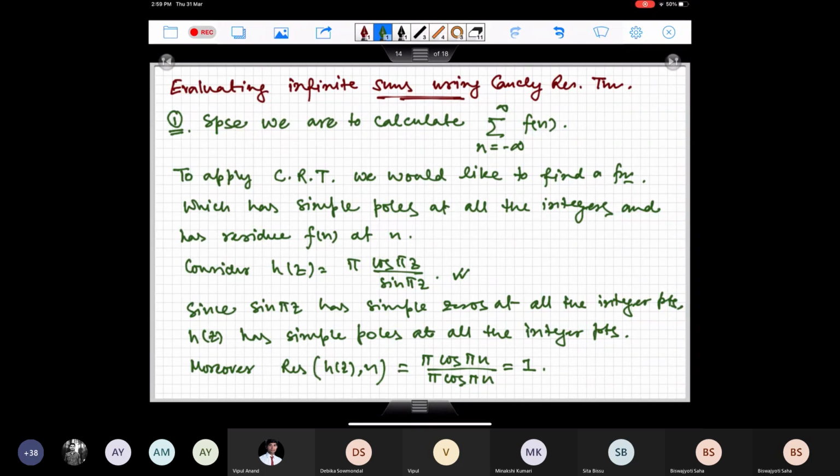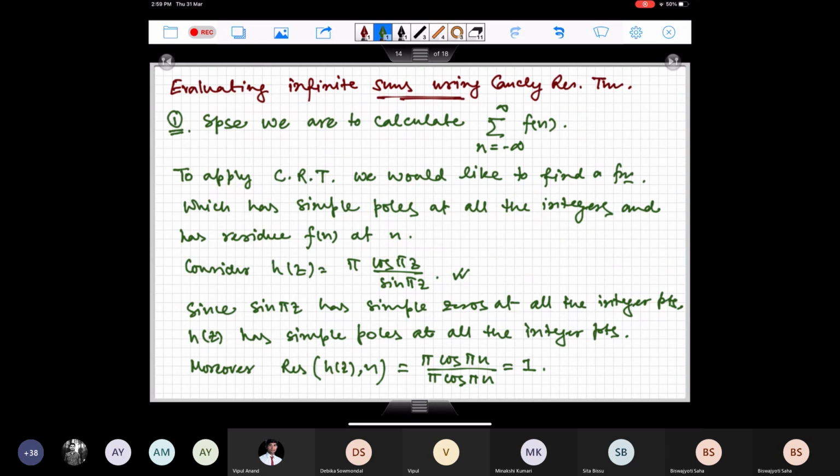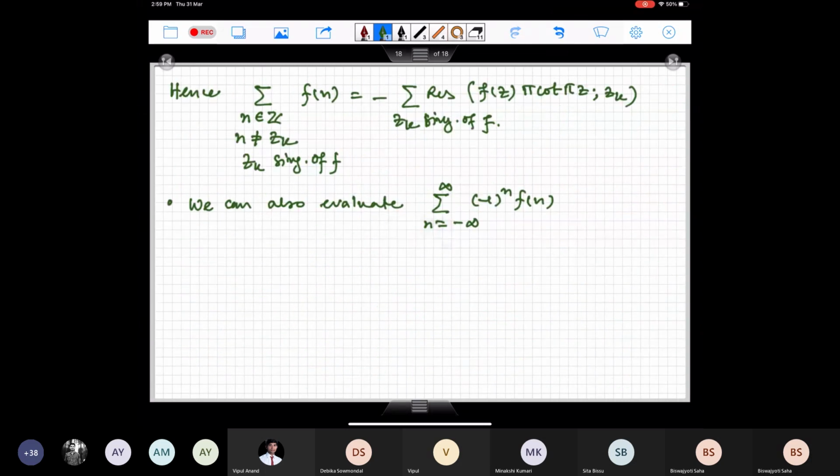So in this case, what we actually do is the following. I told you multiplying with this cosine had the benefit that the residue came out to be 1. Now, if you do not take this cosine, instead you just think of 1 upon sine.